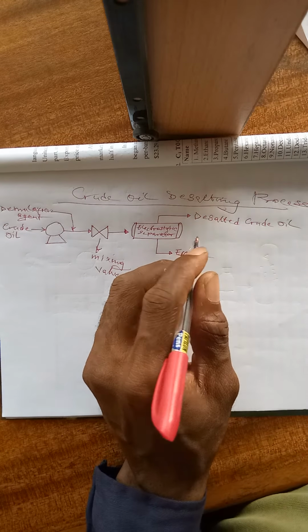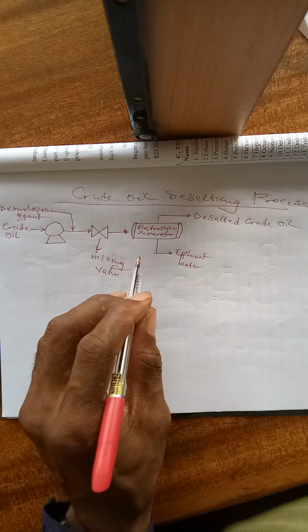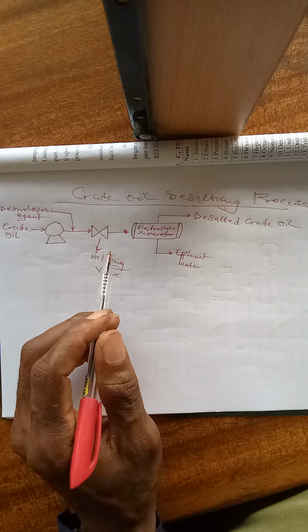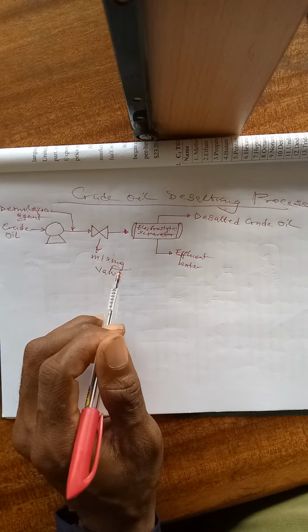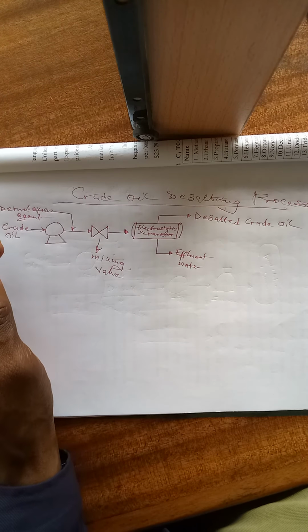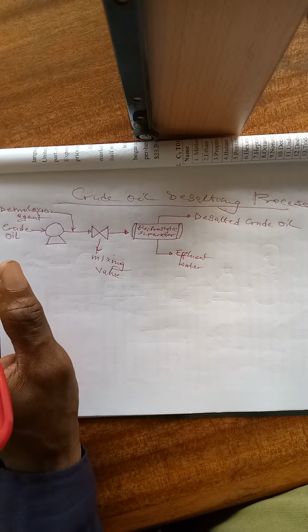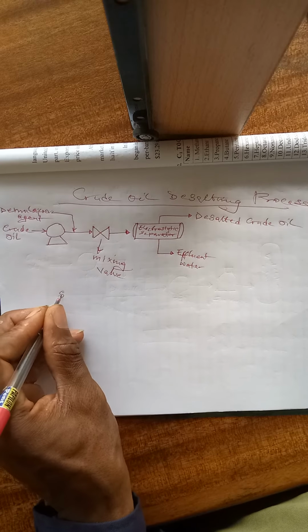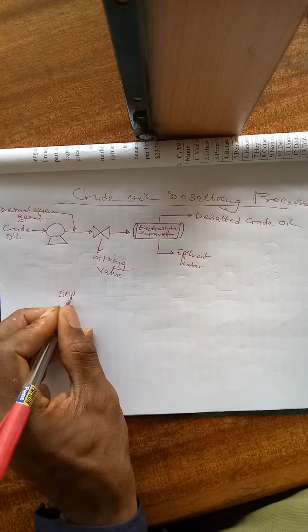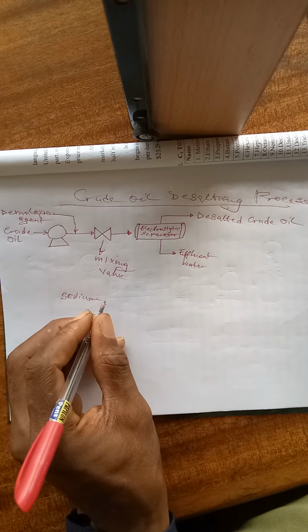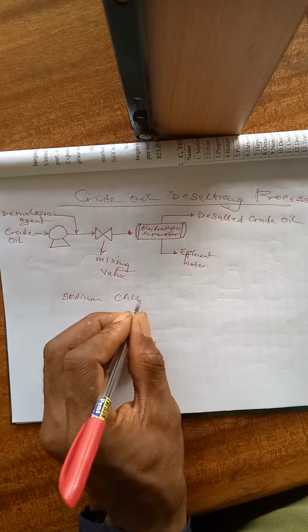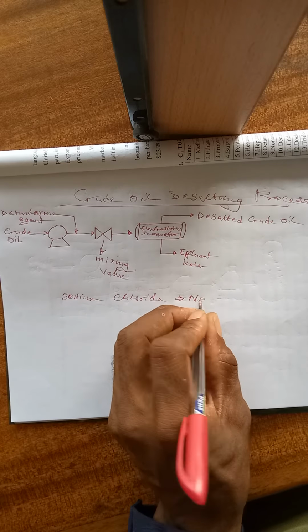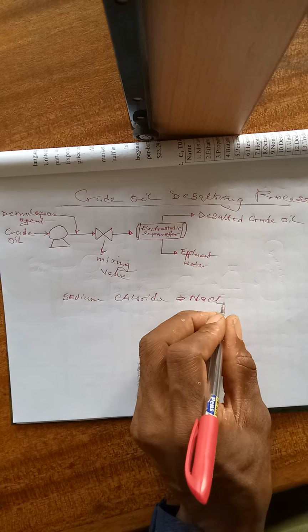Okay, now, as I was saying, there are various types of salts present in crude oil. Number one, we have the sodium chloride salt, which is NaCl.